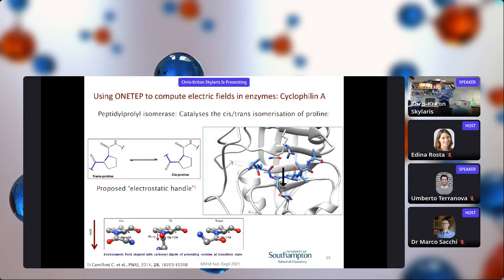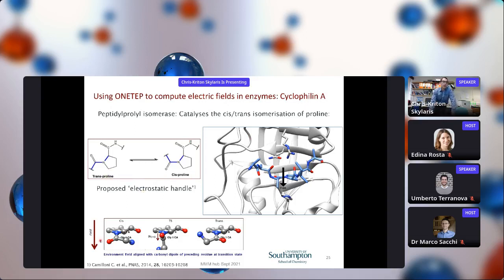The second extra thing is that we can use it as a method for validating certain force field approaches. This is here in the cyclophilin A protein enzyme, where the catalysis mechanism involves what's called an electrostatic handle that, during the transition state, makes a trans to cis isomerization.